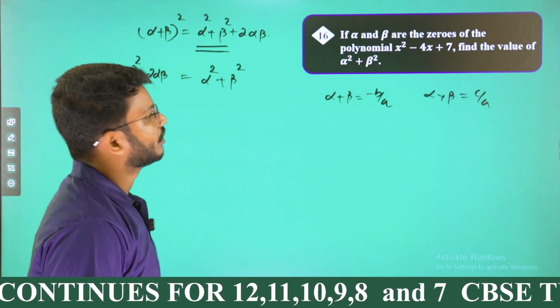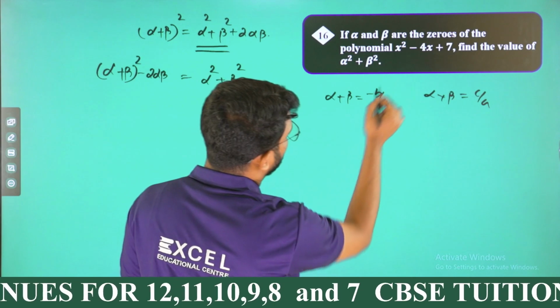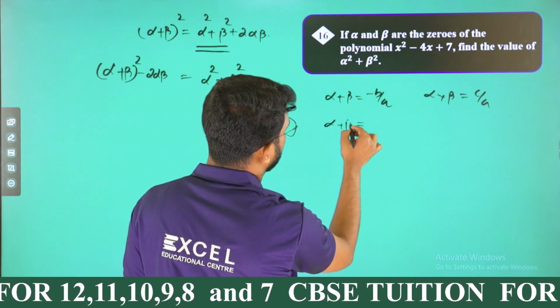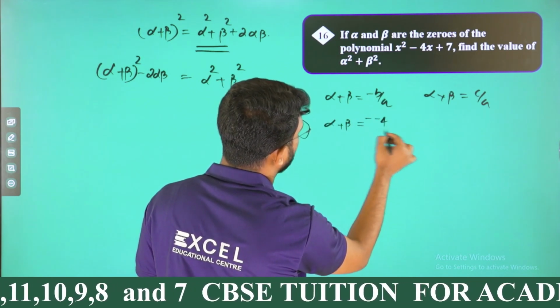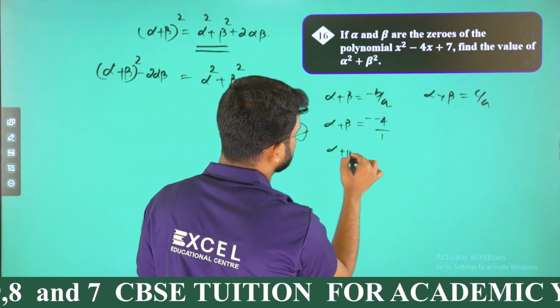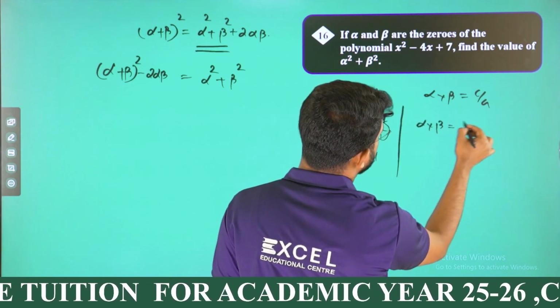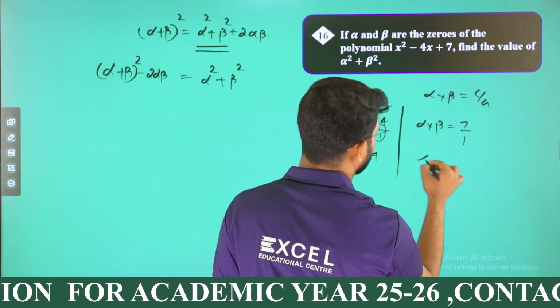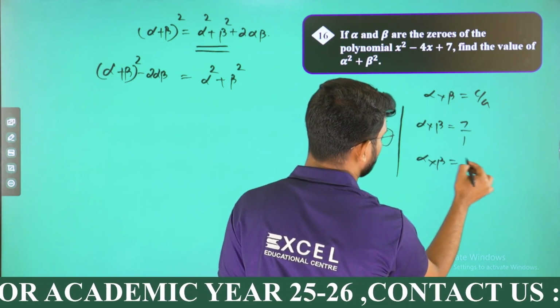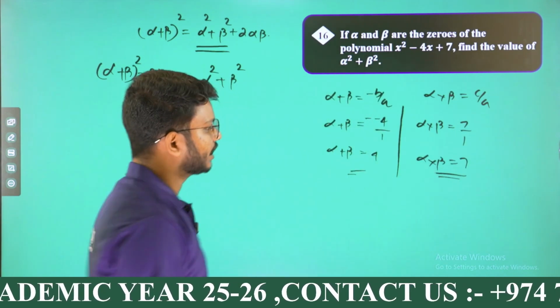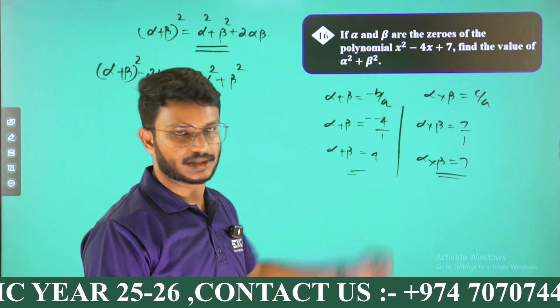So what is alpha plus beta? Minus b by a. So minus 4 by 1, which is equal to alpha plus beta is equal to 4. And alpha into beta is equal to c by a. So 7 by 1. So alpha into beta is equal to 7. So alpha plus beta and alpha into beta are here.